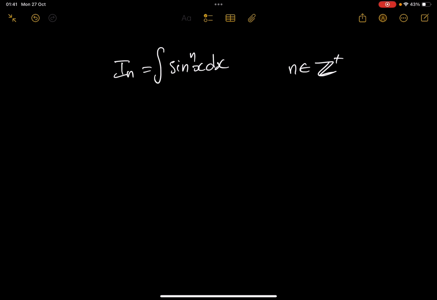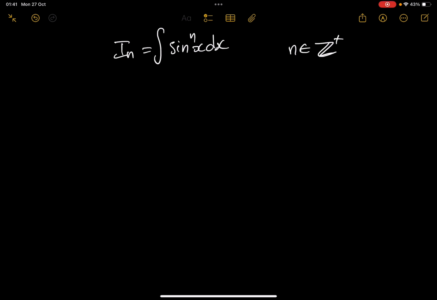Let's start. In this video, I'm going to look at how we find the reduction formula for sine^n x dx, and allow me to call this I_n. So I_n is equal to the integral of sine^n x dx, where n is a positive integer.